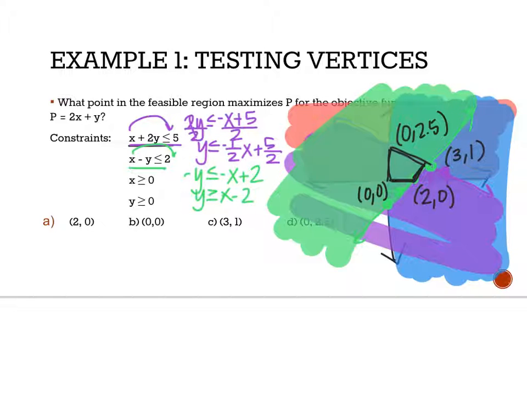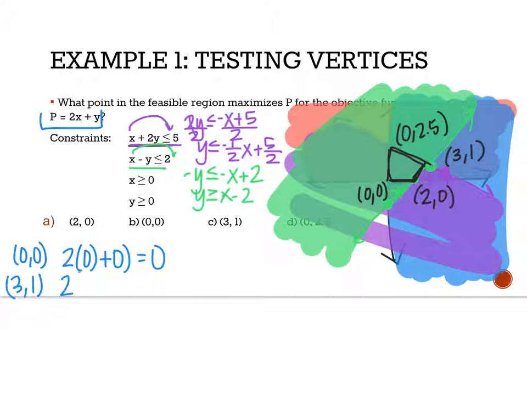And what they want to do is say which one maximizes P for the objective function. So now that I have those 4 points, I'm going to plug them in for P, and P is this function right here. So I'm going to plug in X and Y for each one. So the first point, let's do 0, 0. That's probably going to minimize it, not maximize it, because the numbers are so small. So that's going to be 2 times 0 plus 0, which is 0. The next one, let's do 3, 1.